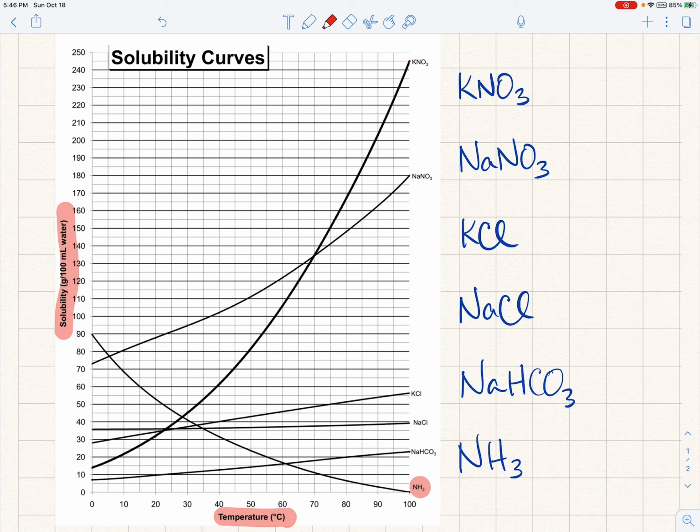Some of them increase dramatically in solubility. KNO3 is the one that has the greatest change in solubility as you heat up the water. And some, the change is not so great. So for example, sodium chloride, NaCl, has a pretty small change in solubility. So those are just some things that are jumping out at us as we glance at the chart.